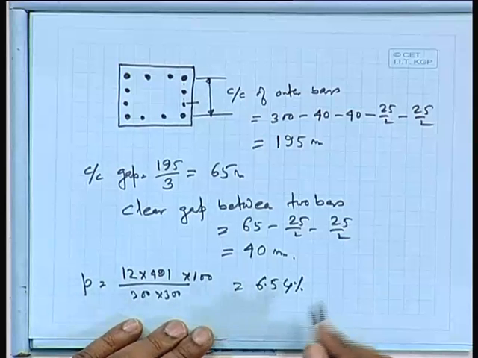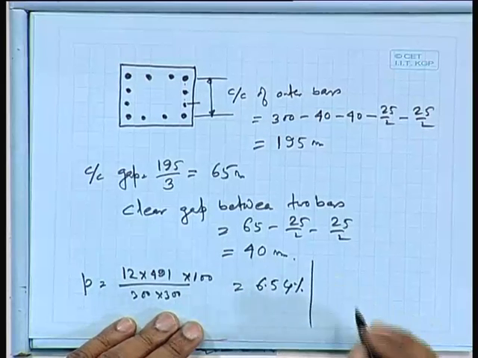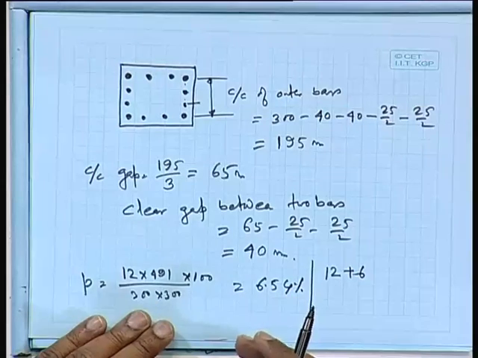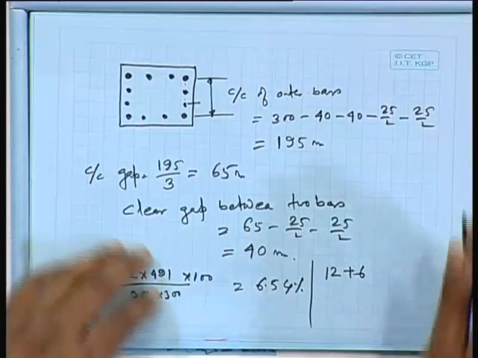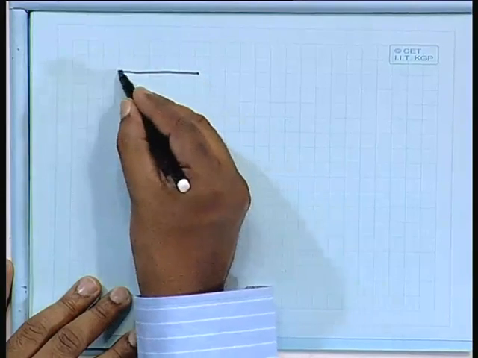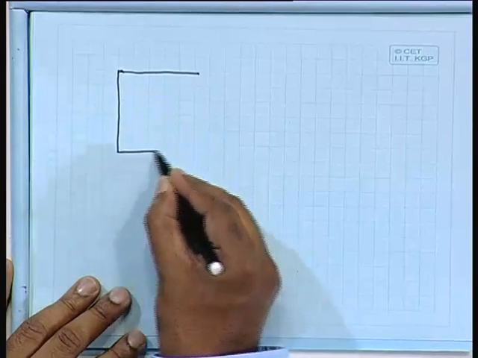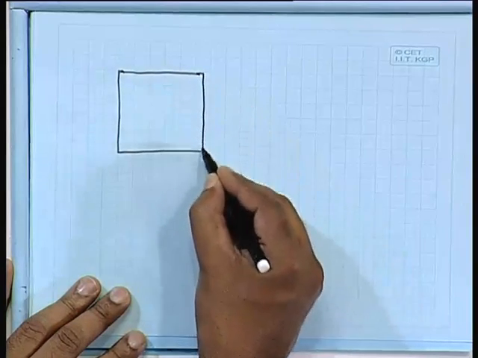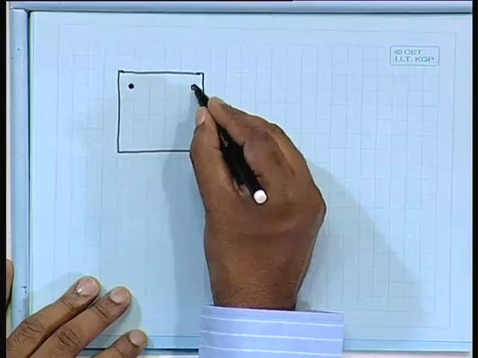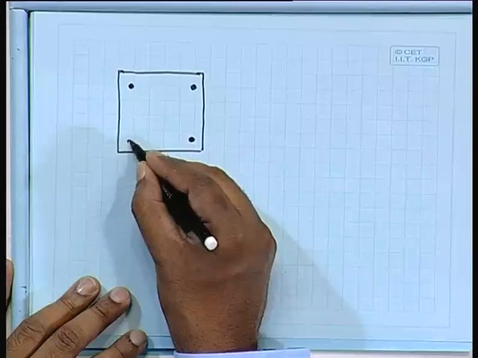When we provide the lap, it should be 12 bars plus 6 bars in a particular section, side by side. This is very important, otherwise cracks and a lot of other problems will arise. That is why detailing of reinforcement is very important.